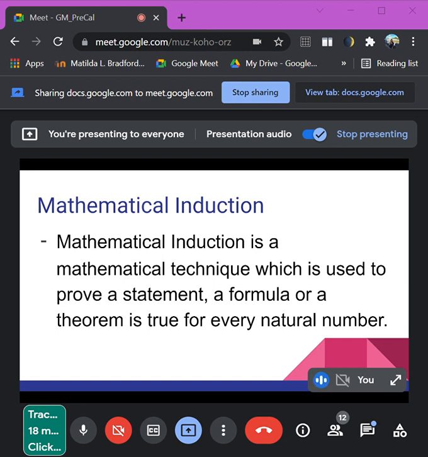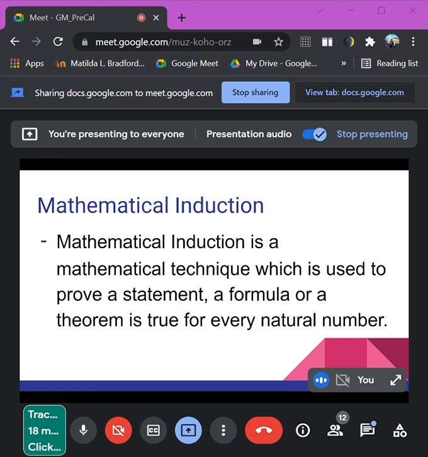So here in our mathematical induction, we are going to prove if that statement, that formula or theorem is true, if we are going to assign numbers. Okay, so that is a mathematical induction.